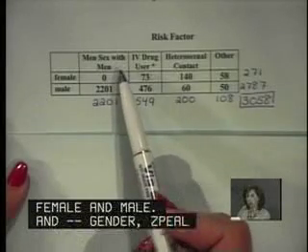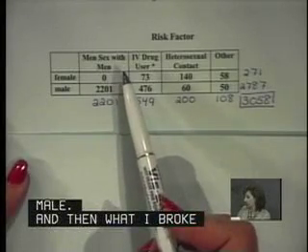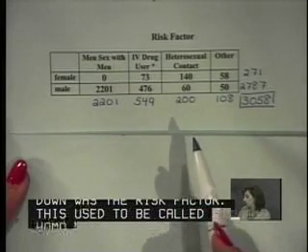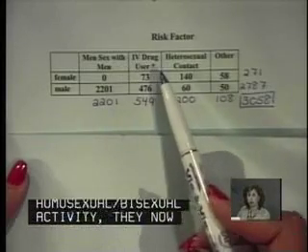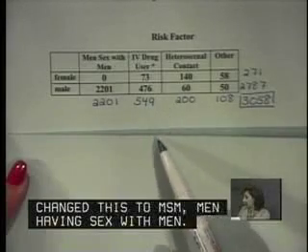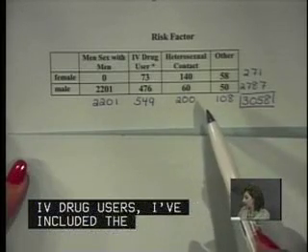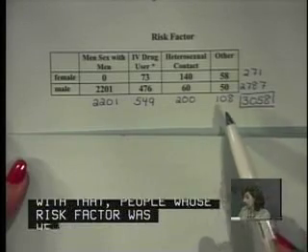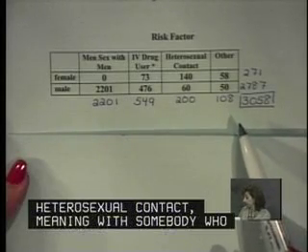This used to be called homosexual bisexual activity, but in this latest report they changed it to MSM, men who have sex with men. Then IV drug users, and I've included the MSM group with that. Then heterosexual contact, meaning with somebody who had AIDS, and all the others together here.